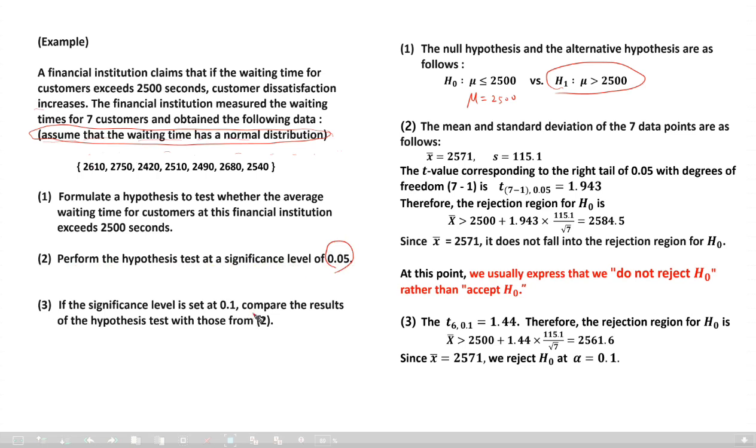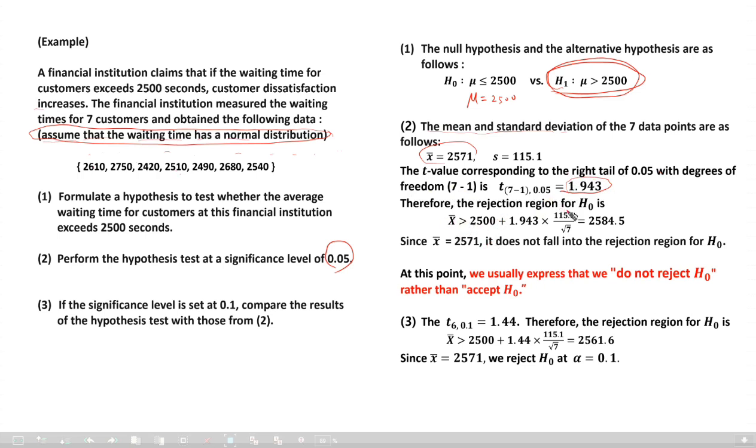Okay, let's see. The sample mean and the standard deviation of the 7 data points: x bar is 2,571 and s is 115.1. The t-value corresponding to the right tail, this is the right tail, right? The right tail of 0.05 with degrees of freedom 7 minus 1, n minus 1, is 1.943.